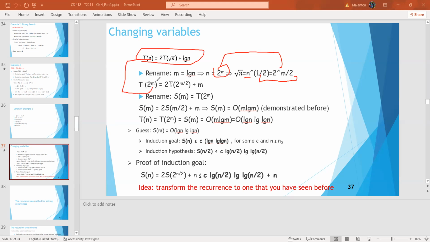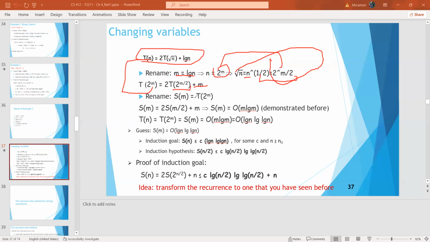So we have 2 T of 2 to the power m over 2, as we agreed, plus log n, which is m.